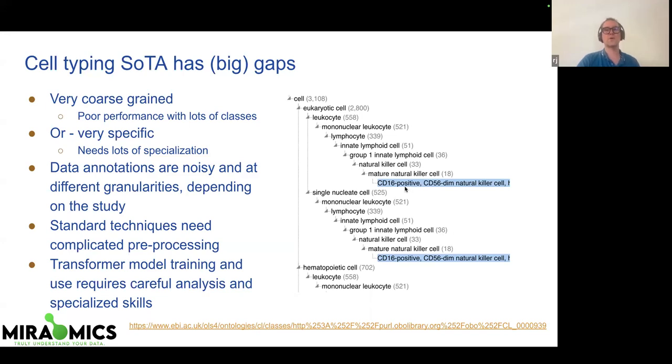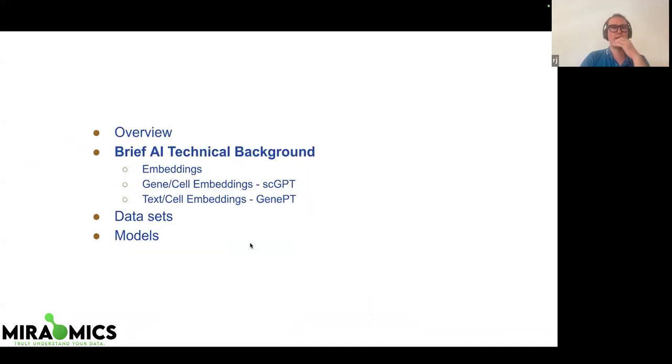It's not a simple classification problem. And of course these labels can be wrong as well. But if it's a different kind of mature natural killer cell, how wrong is that really? That should be seen as different than predicting it as, I don't know, a muscle cell or something. So, okay, cell typing, right?